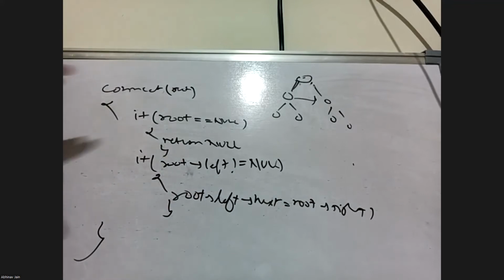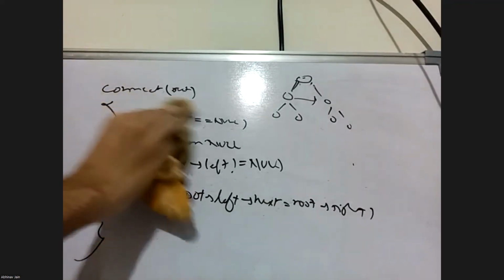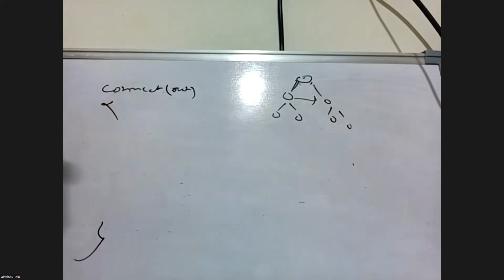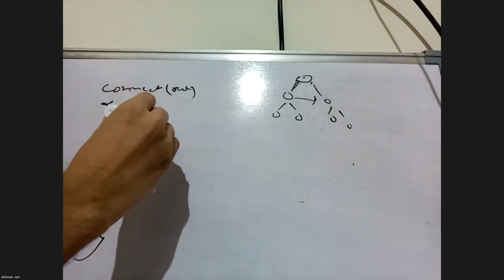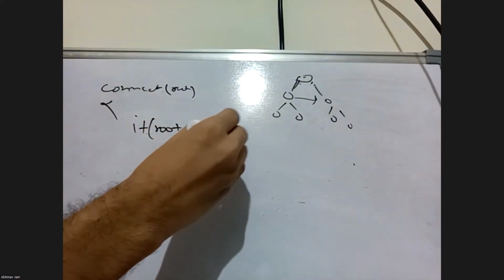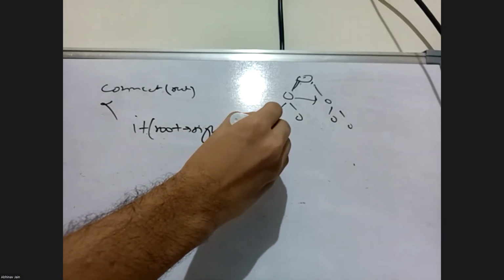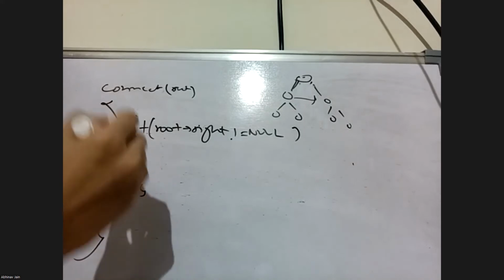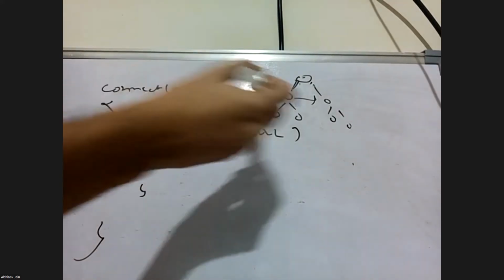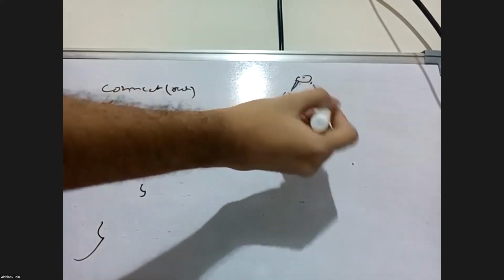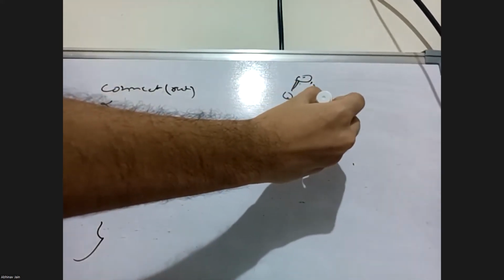So obviously this is all incorrect, but keeping the constraint of the length of the board in mind, we'll start over. So those two conditions again. If root's right is not equal to null, what should we do? Then if root's right is not equal to null, this is root's right, right? If this is the root, this will become right. What should we do? We have to connect it with this.